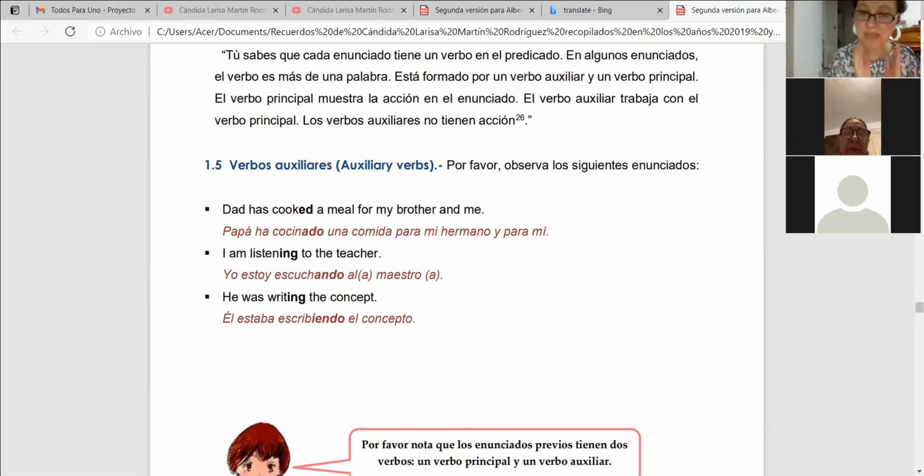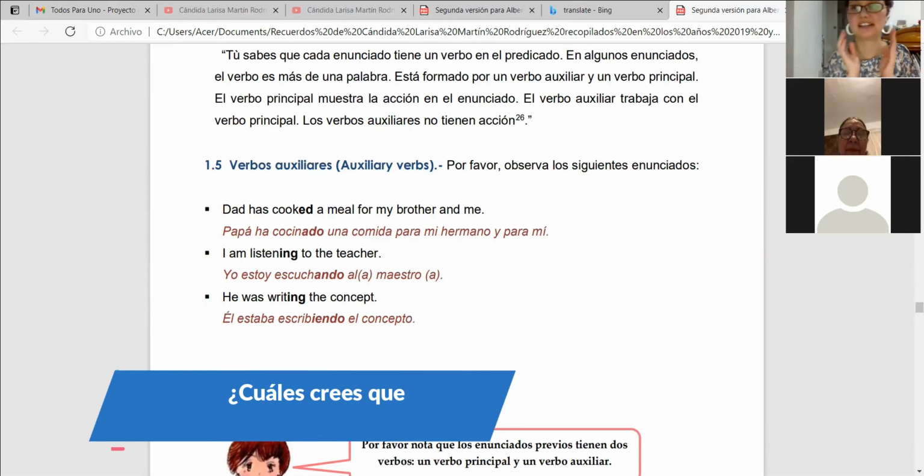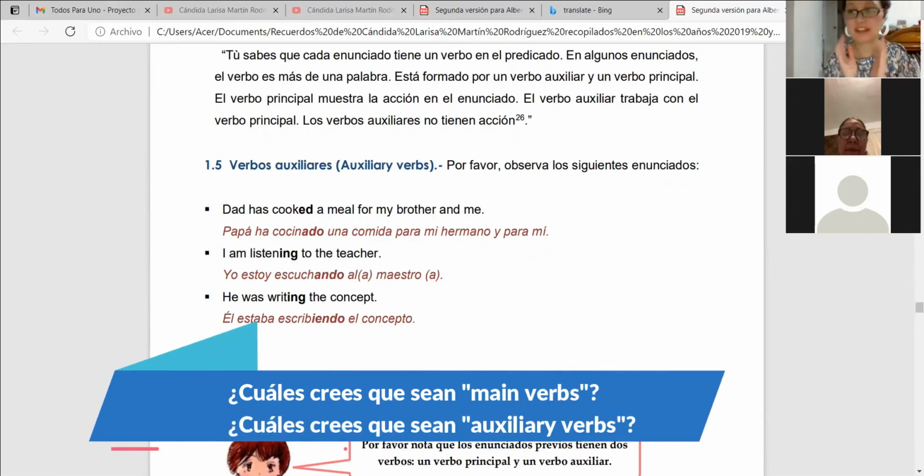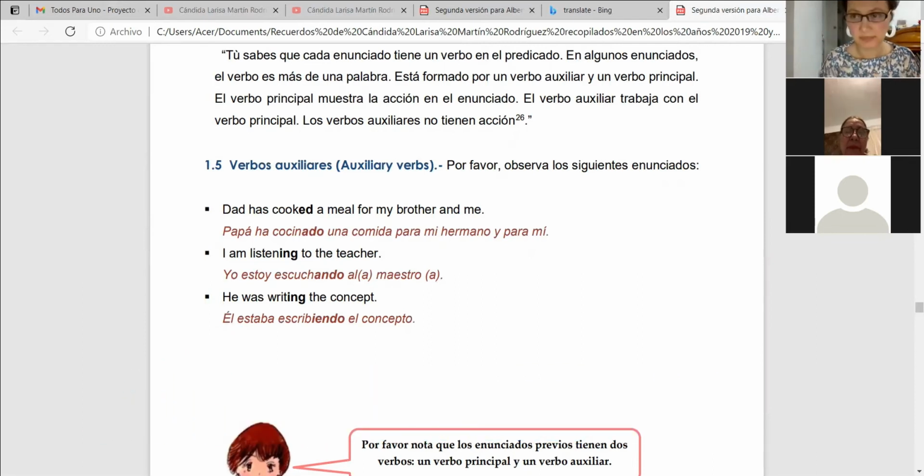One is the main verb and another one is the auxiliary verb. Which ones do you think are the main verbs and which the auxiliary verbs? Once you're ready, raise your hand if you have your cam on, or make a sound if you don't have a camera.